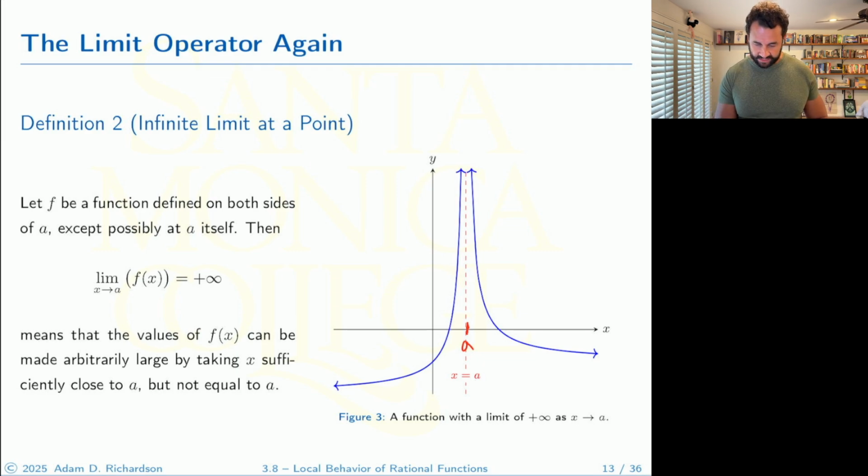As x approaches a from the left, the output of the function blows up to infinity. And as x approaches a from the right, the output values also blow up to infinity. So we're just saying the limit as x approaches a is plus infinity. Now we're approaching a point instead of approaching plus or minus infinity.